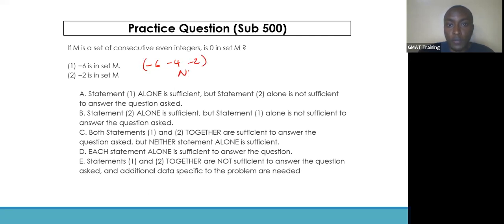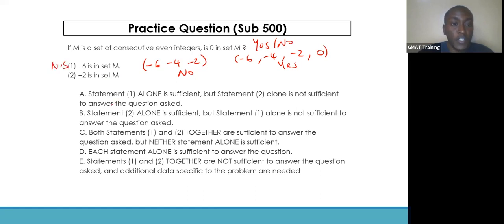No. What if there are, say, 4 or 5 consecutive integers? We'll have -6, -4, -2, 0. Is 0 in the set? Yes. So we have a no and a yes, not consistent. Since this is a yes/no question, statement 1 is not sufficient.